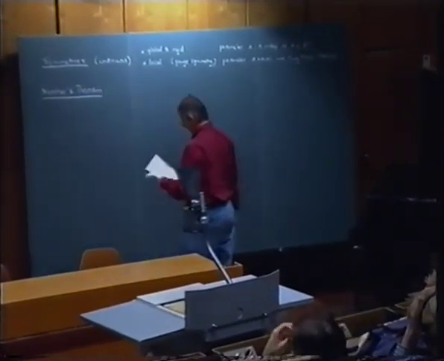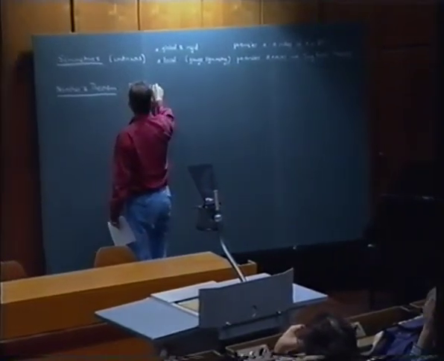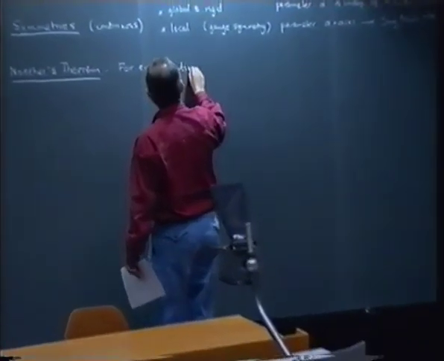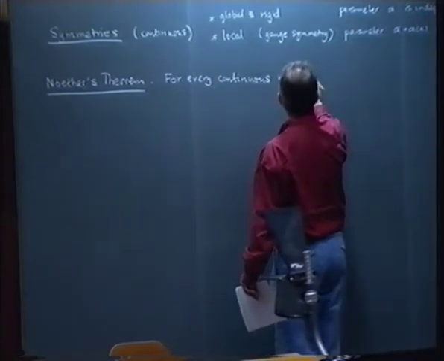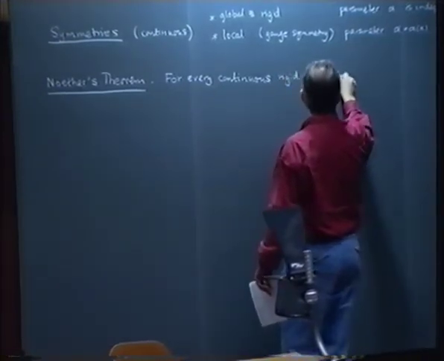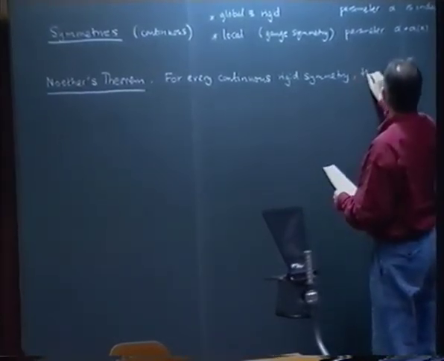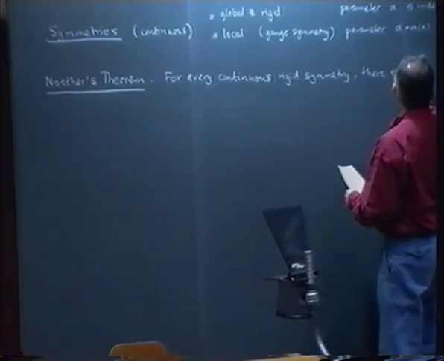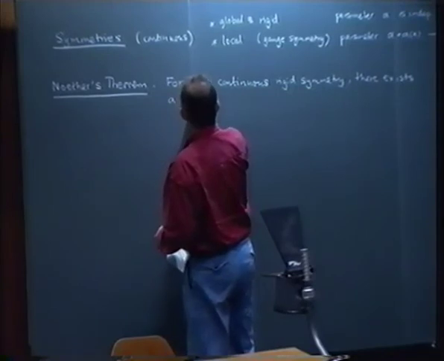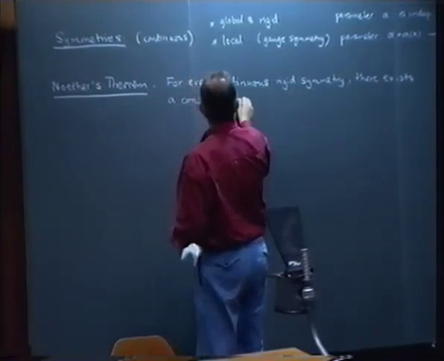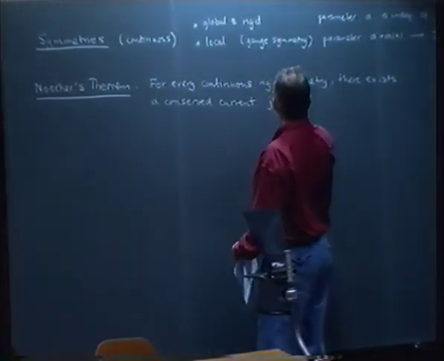Noether's theorem states that for every continuous rigid symmetry there exists a conserved current, let's call it J mu of x.